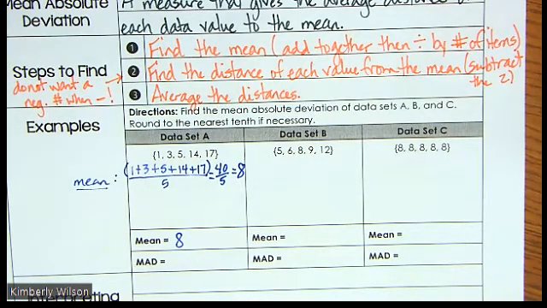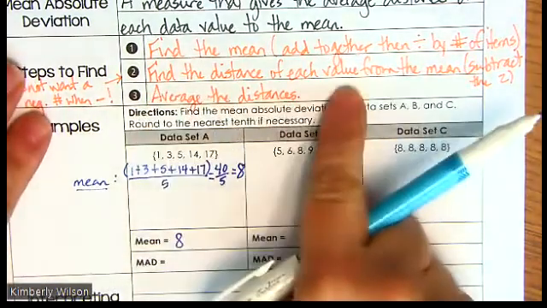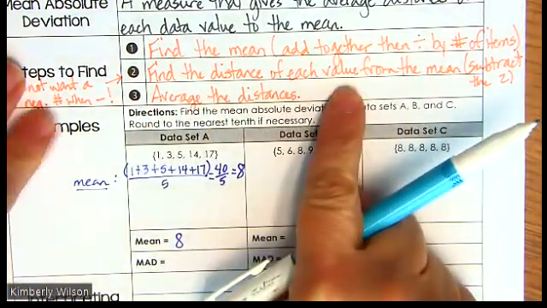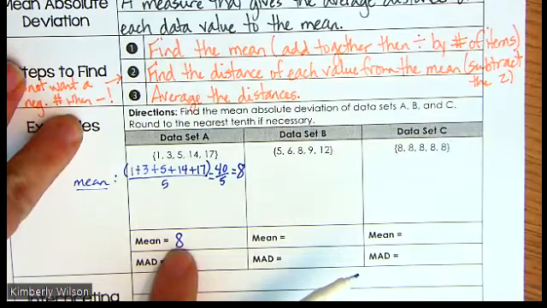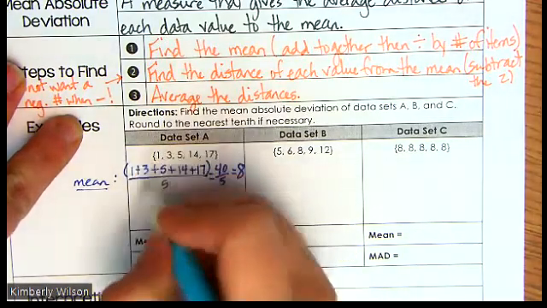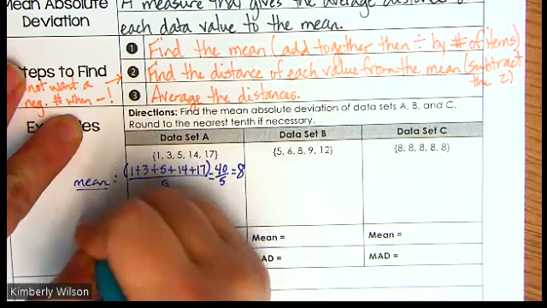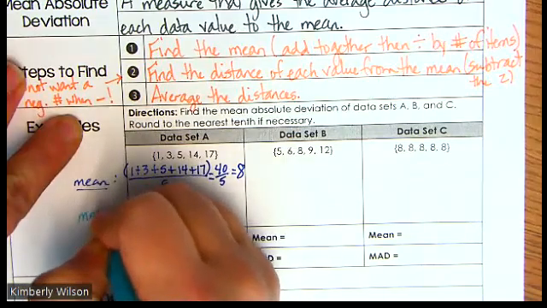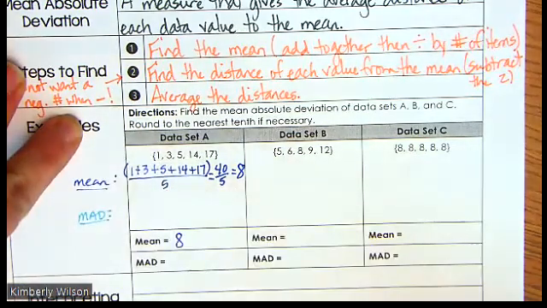Now we have step two. Step two is where we find the distance of each value from the mean. So that means I'm going to be doing 8 minus 1, so now we're starting to calculate the MAD.